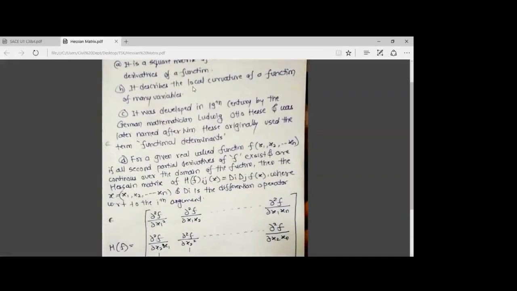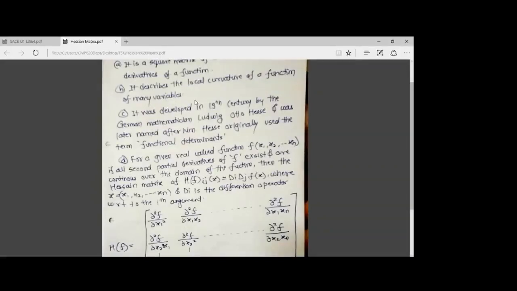Hessian matrix is a square matrix of second order partial derivatives of the function. This is very important. It is the partial derivatives of a function, and again it is second order partial derivative, so every term will be second order. You will see that a square term is introduced in every value. It describes the local curvature of a function of many variables.